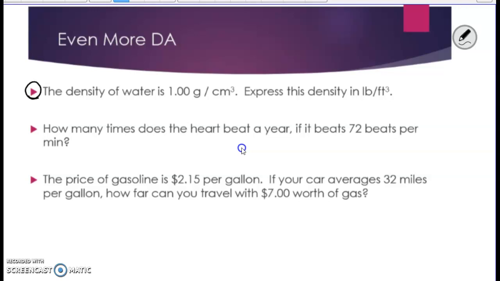You need to know that 1 pound equals 454 grams, which would be given. You also need to know that 1 cubic foot equals 28,320 cubic centimeters. The answer to this is 62.4. Please pause the video and try solving this problem.